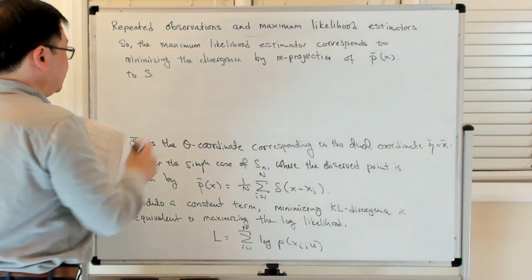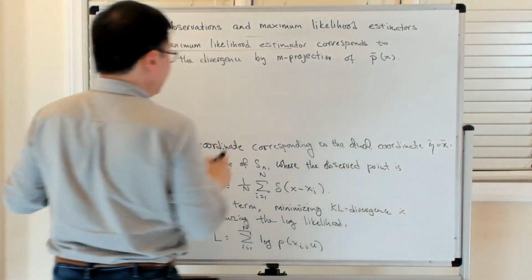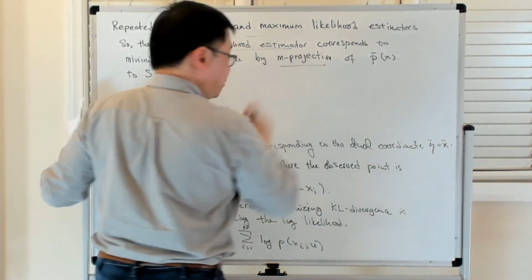So again, the bottom line is that maximum likelihood estimation is related to M projection.